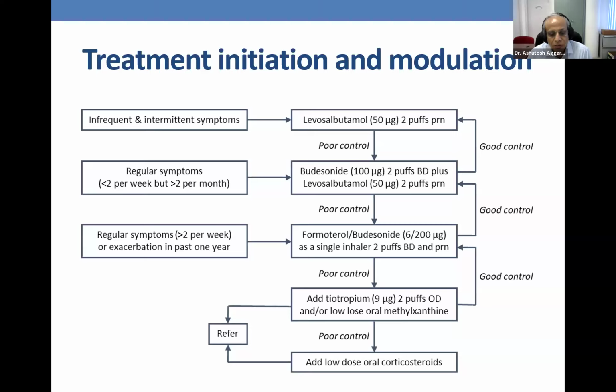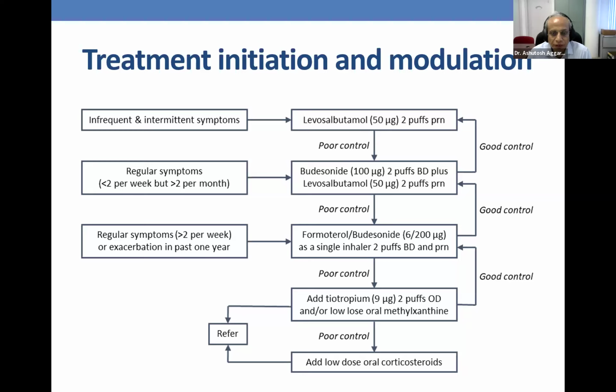So this combination can be taken both as a reliever as well as a maintenance drug. For maintenance, we would suggest that 2 puffs of this combination can be taken twice daily. And for reliever dose, additional puffs can be taken of the same inhaler if the patient has breakthrough symptoms.